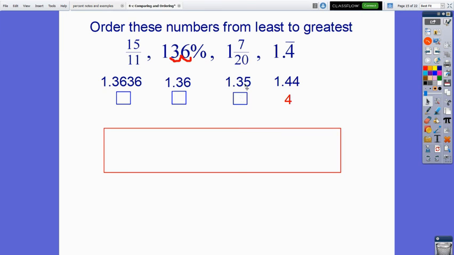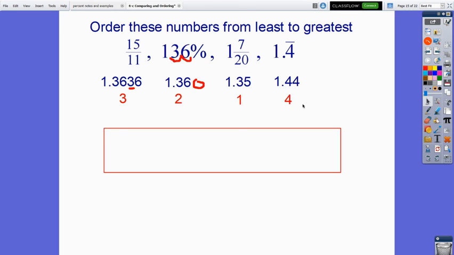So this one is smallest. Between these two, they're the same in the hundredths place. So then you go to the thousandths place, and this one is a 0, and this one is a 3, meaning that the 1.36 is next smallest, and then the 1.3636 is third. Okay, so now I have them in order, 1, 2, 3, 4.